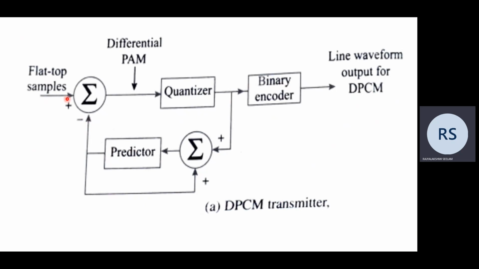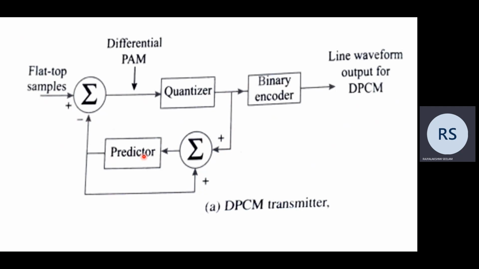We take the output from the predictor and the samples, and take the difference of these two, so that the differential PAM is sent to the quantizer.